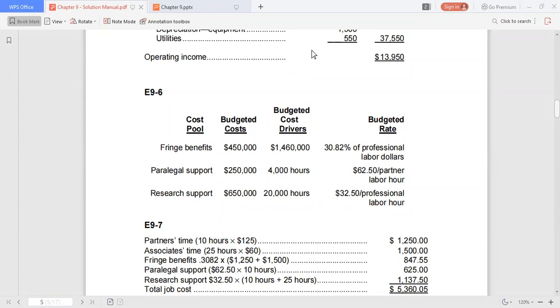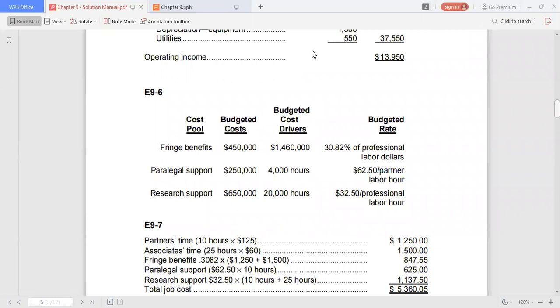Then for research support, again, is based on 20,000 professional labor hours. So the rate is in hour, professional labor hour. It's only fringe benefits where the rate is in percentage because you are dividing cost over cost.